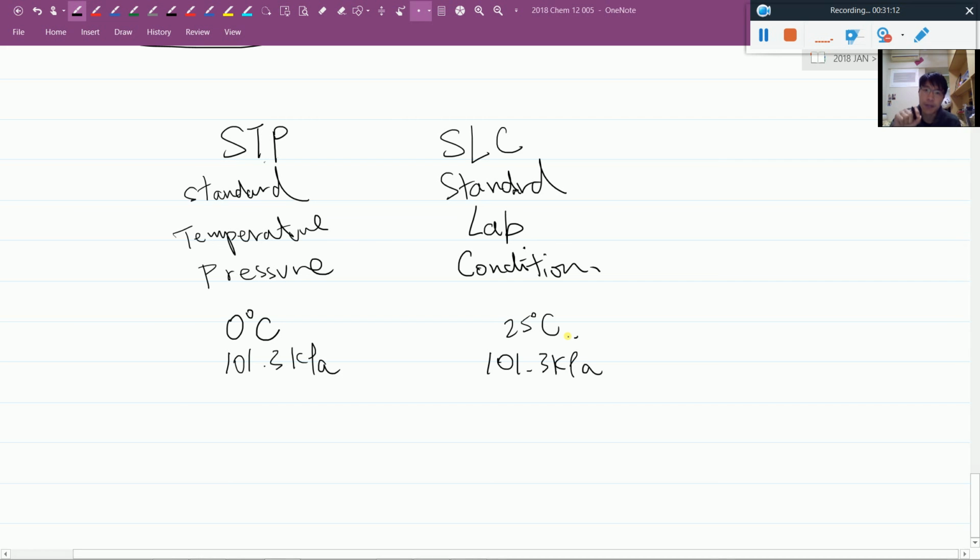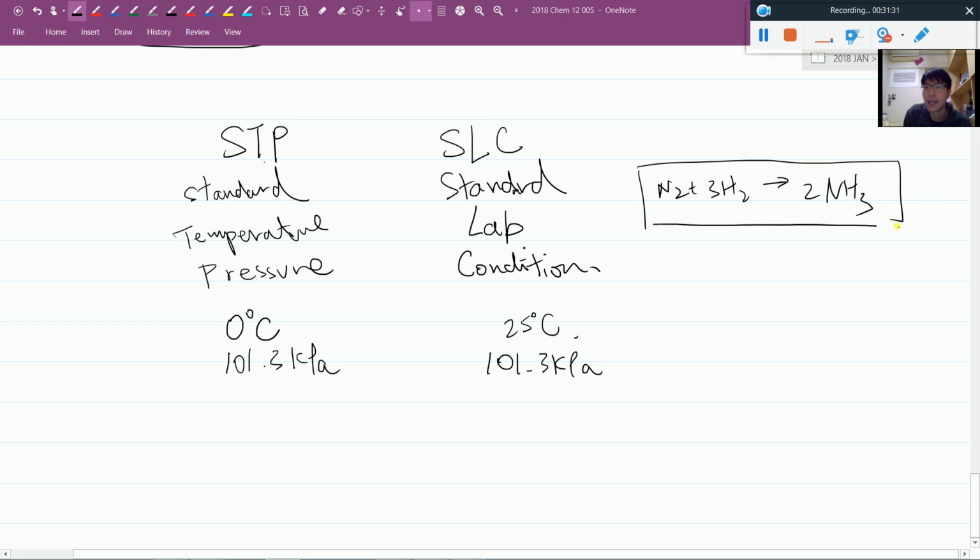So why do we set up a standard pressure or standard lab conditions? Then you would be able to tell a reaction. N2 plus H2, 3 of them turning into 2 of them. If I say I do this at STP, and before and after they are all at STP, do you need to measure temperature again?